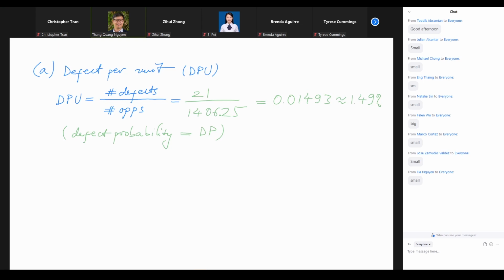And if we have 1.49%, then let's see how big the number of errors would be, okay? To do that, we need to put the percentage in the context of 1 million units. To do that, we come up with a new concept called errors per million opportunities, or EPMO.